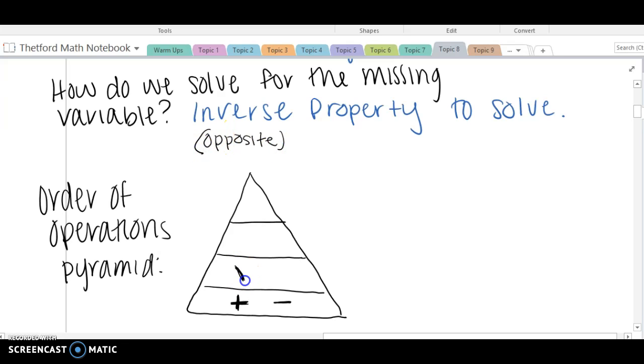The opposite of multiplication is division. We aren't going to see any of these this unit, but this is a square root sign, and the opposite of a square root is an exponent. Make sure that you have that in your pyramid. We'll get to that another day. And at the top of our pyramid is always our parentheses, because we cannot do anything until we simplify what's inside those parentheses first.